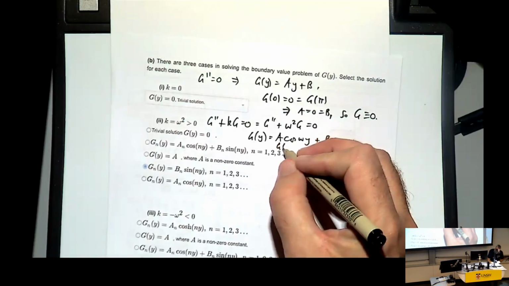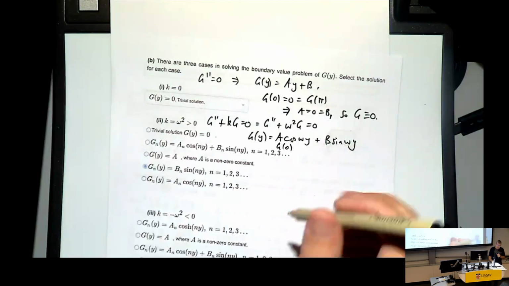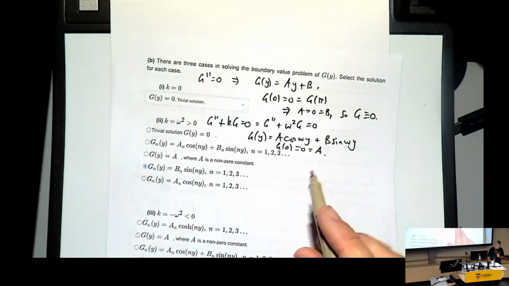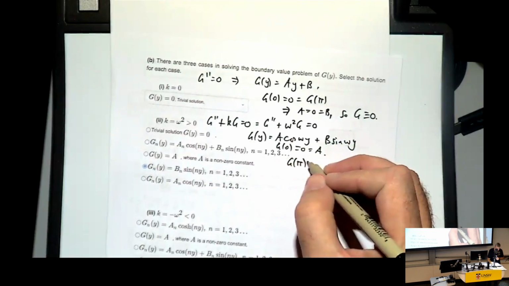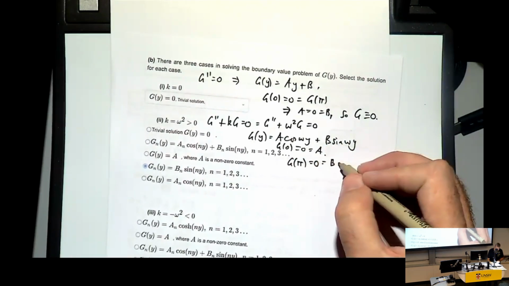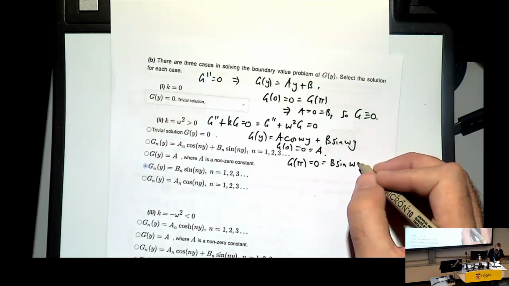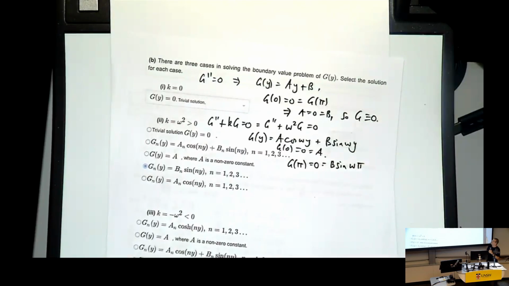Okay? And let's find A and B if we can. So G of 0 is going to give A equals 0. And then over here, we get this monster.